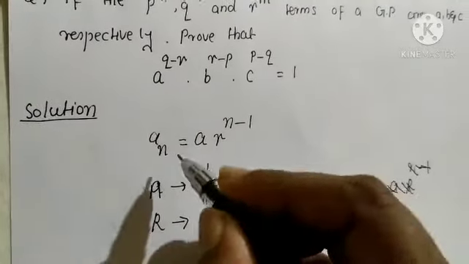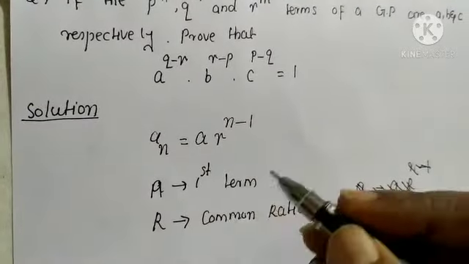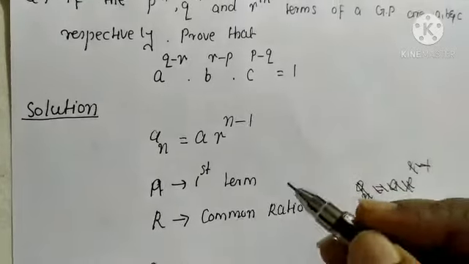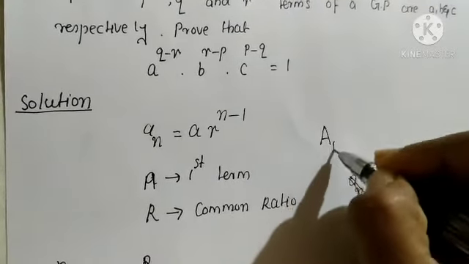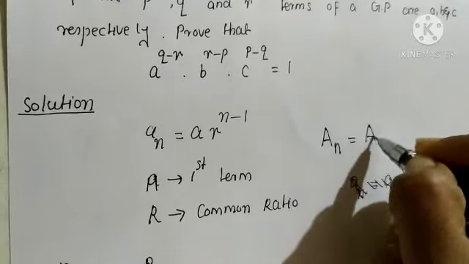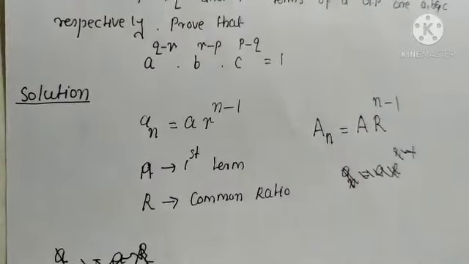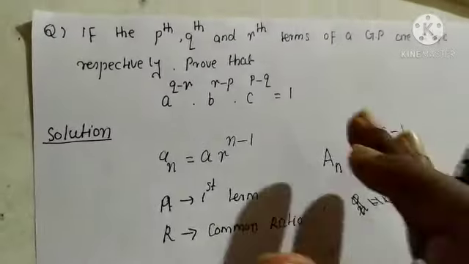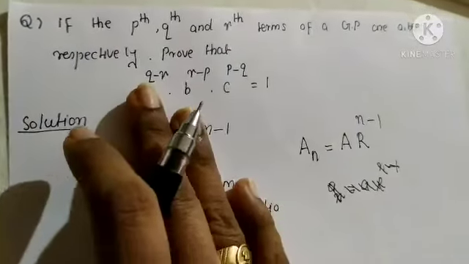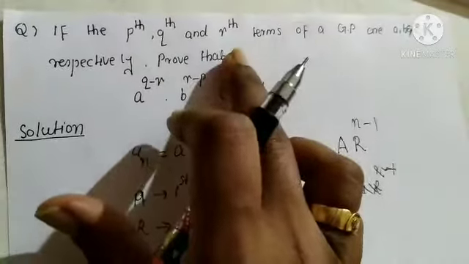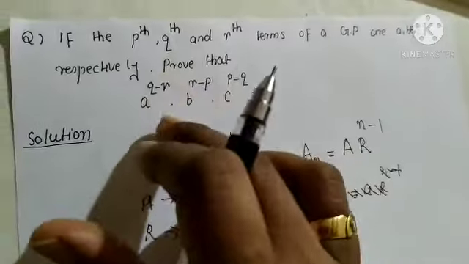So the formula for the nth term changes to a_n equal to A R raised to n minus 1. Okay, so in our question, given that the pth, qth and rth terms of a GP are a, b, c.